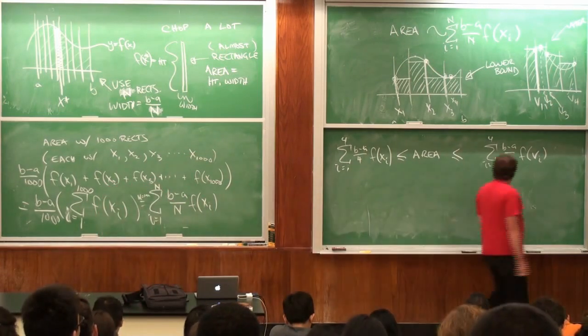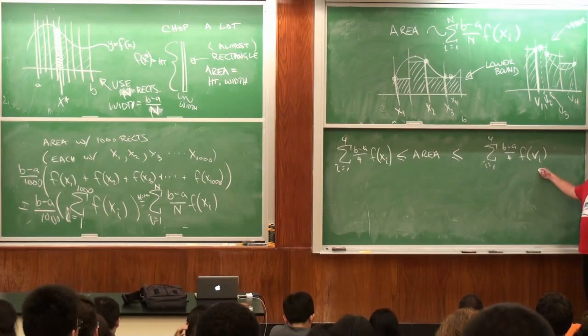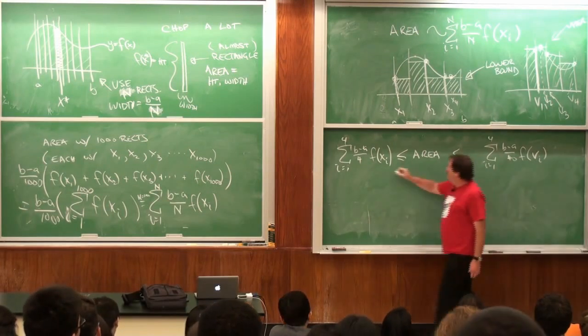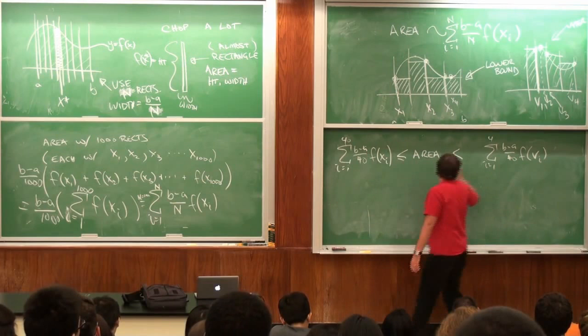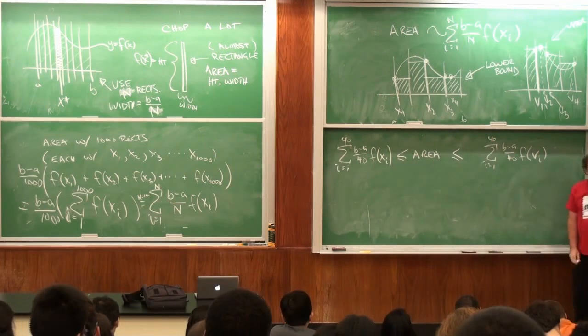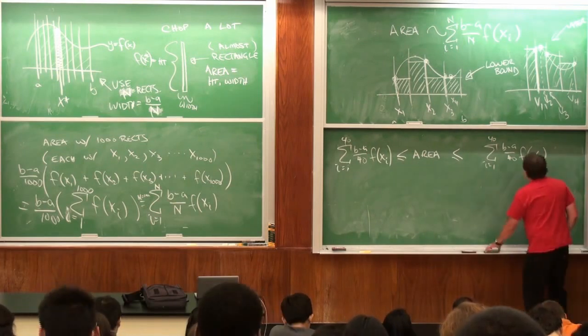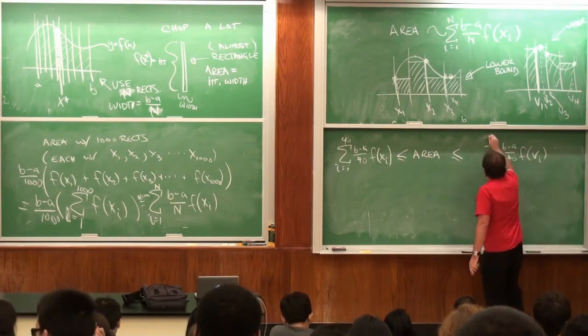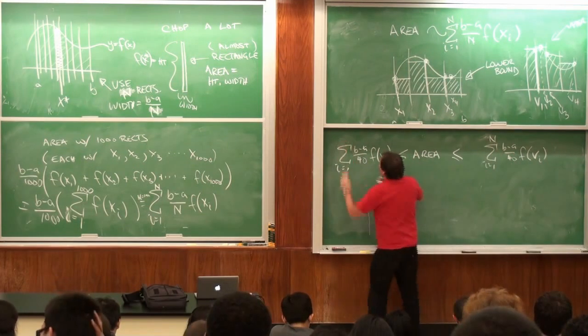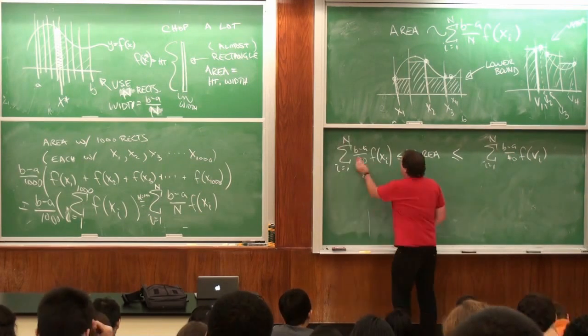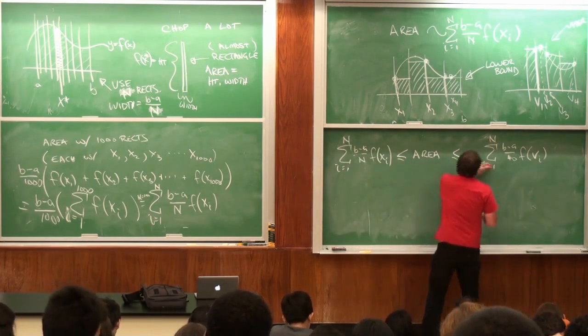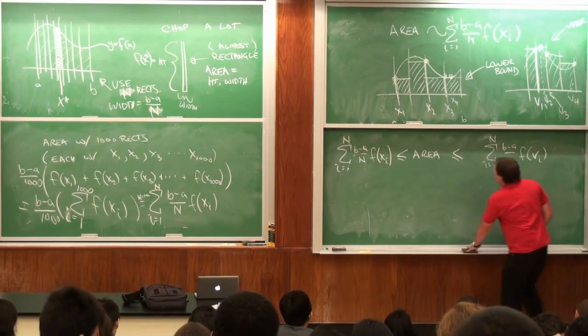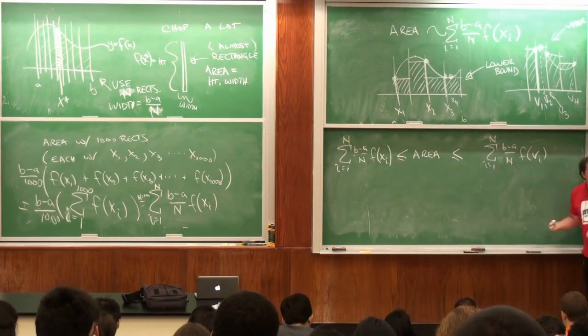But there's nothing magic about 4. I could have done the same thing with 40, or 400, or 4,000, or 4 million, or just some number n. And I would still get that the area is trapped between those two things.